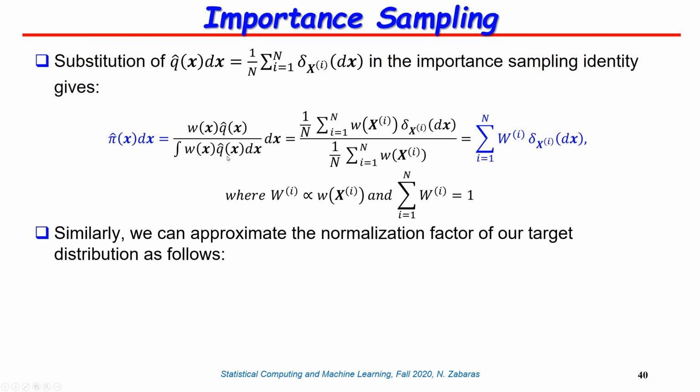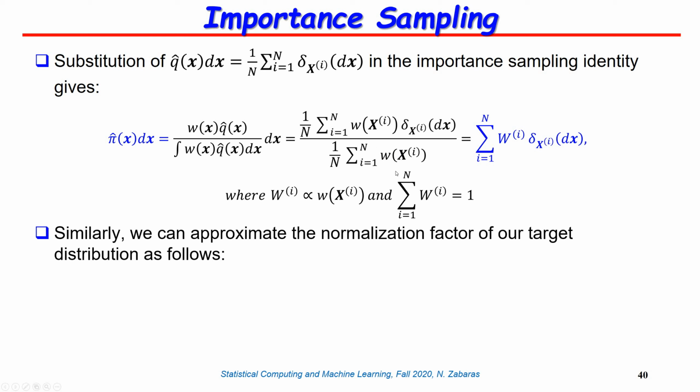And then in the denominator, if you put the empirical measure for Q, really what you have is a standard Monte Carlo approximation for this expectation of w of x.